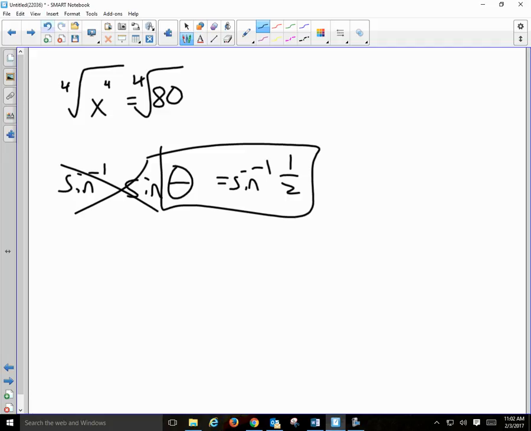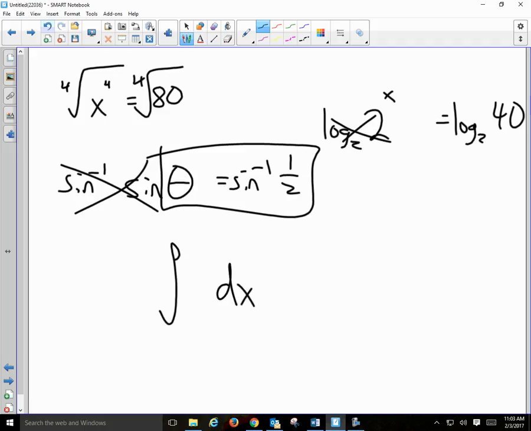What if I have 2 to the x is equal to 40? How do I solve that? Log base 2 of both sides, because those are inverse operations. Well, guess what, folks? The integral and the derivative are inverse operations.